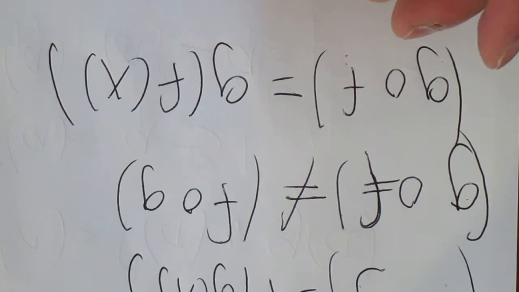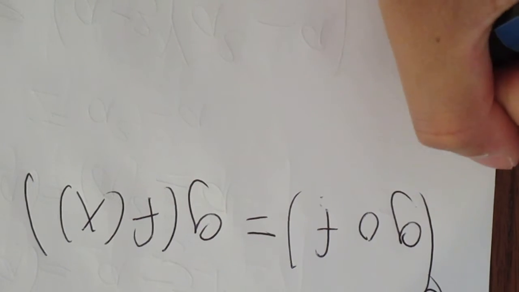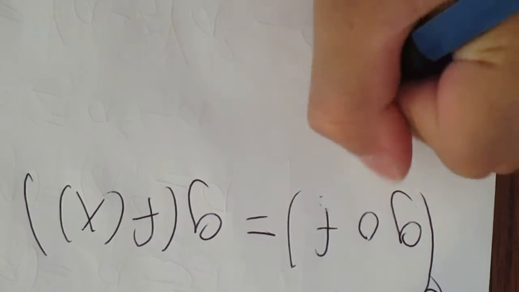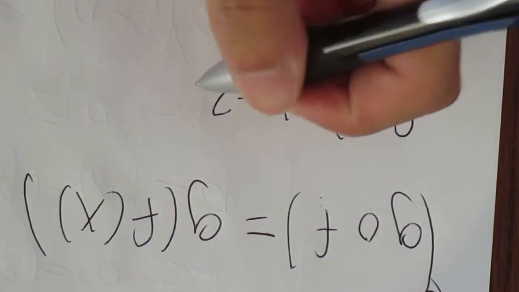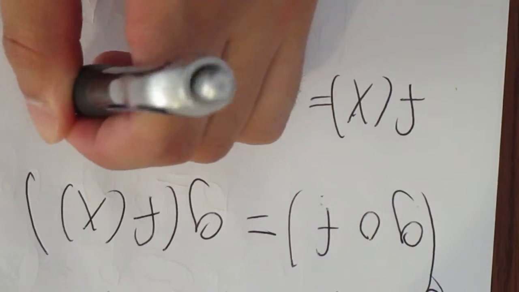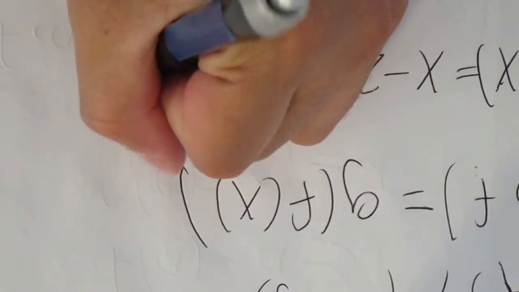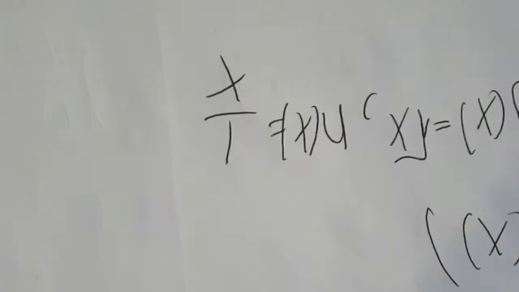Okay, let's do an example. So let's say you have the function f of x equals x minus 2, and you have the function g of x equals square root of x, and then h of x equals 1 over x, right?